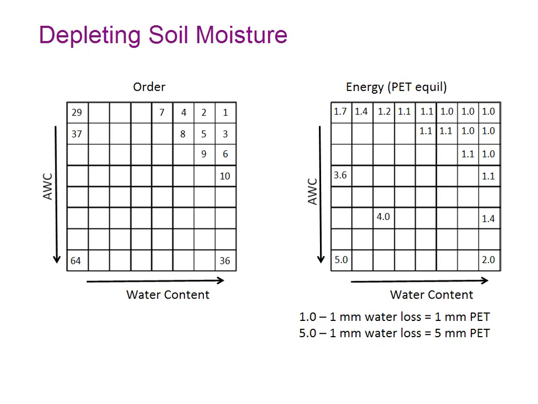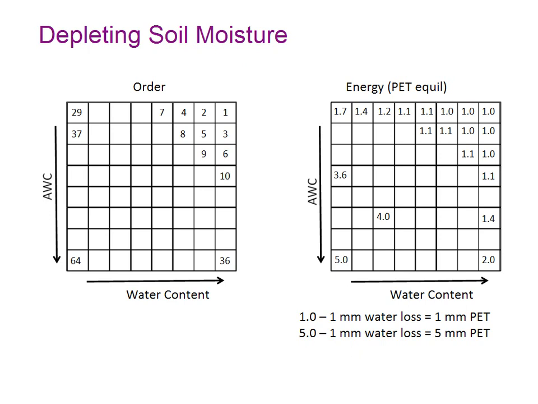The lower left is a 5, which means it takes 5 millimeters of PET to get rid of 1 millimeter of water out of that box. And in between, those numbers vary based on some logarithmic progression that they don't specify, and I didn't take the time to try to figure out what it was exactly.